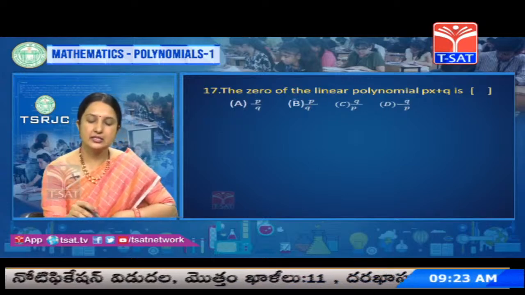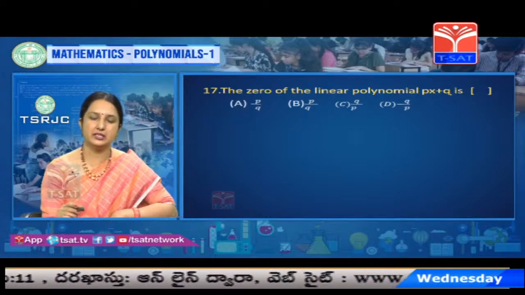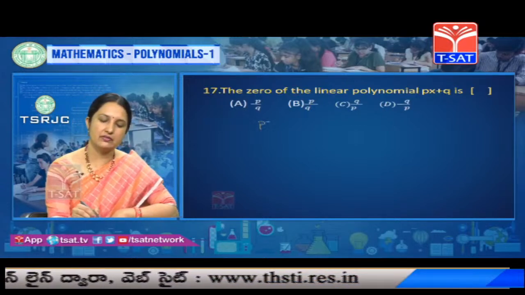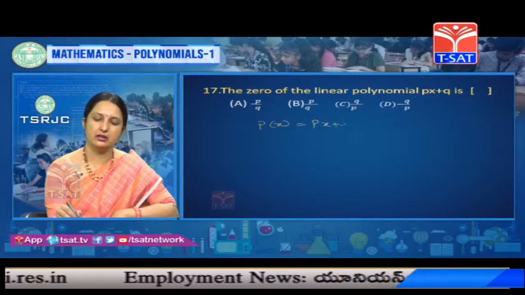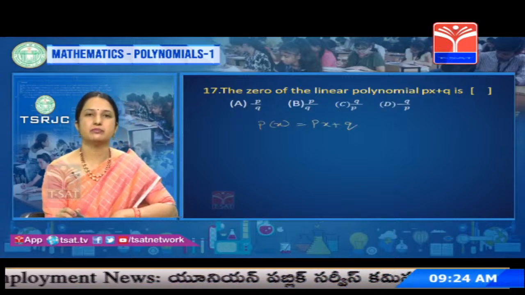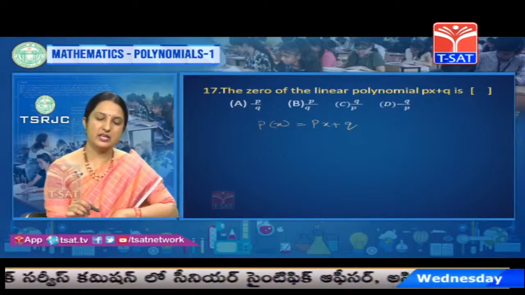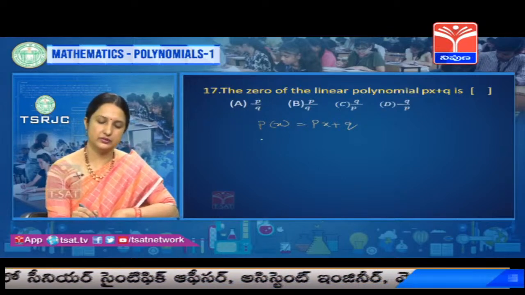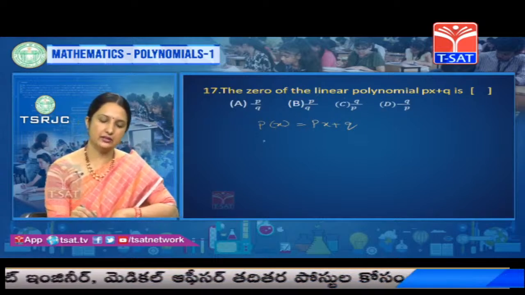Okay, next, the 0 of the linear polynomial px plus q is. So px plus q is a polynomial. What is the 0? So we can say a is the 0 of the polynomial p of x. How will we find a?